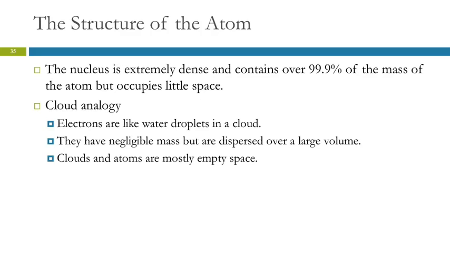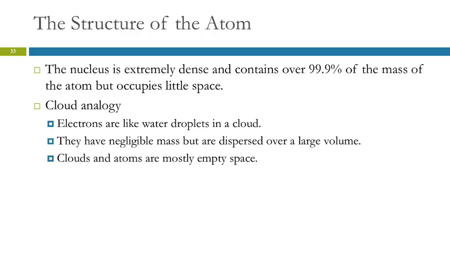So what are these particles doing in there? We have the nucleus, that's where the protons and the neutrons are, and over 99.9% of the mass. Very tiny. The nucleus is mind-bogglingly dense.